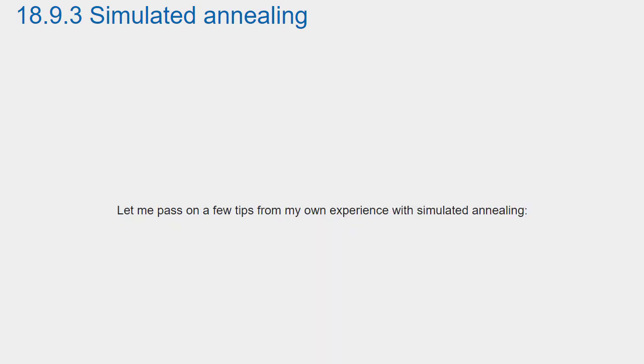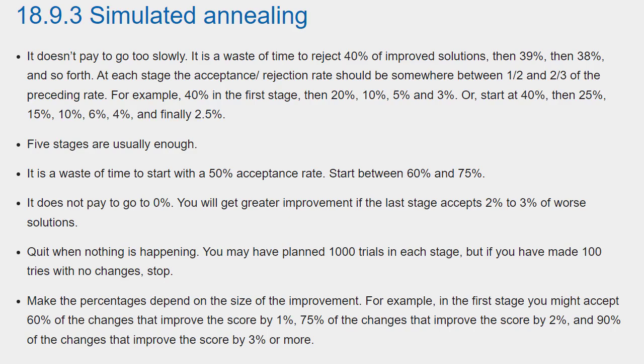the temperature. Let me pass on a few tips from my own experience with simulated annealing. It doesn't pay to go too slowly. It is a waste of time to reject 40% of improved solutions, then 39%, then 38%, and so forth. At each stage, the acceptance or rejection rate should be somewhere between 1/2 and 2/3 of the preceding rate.